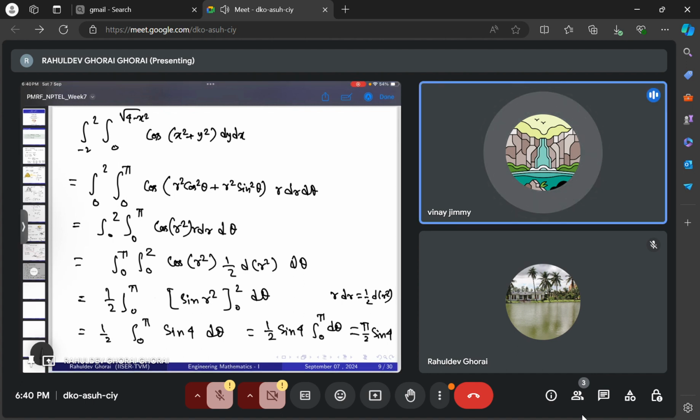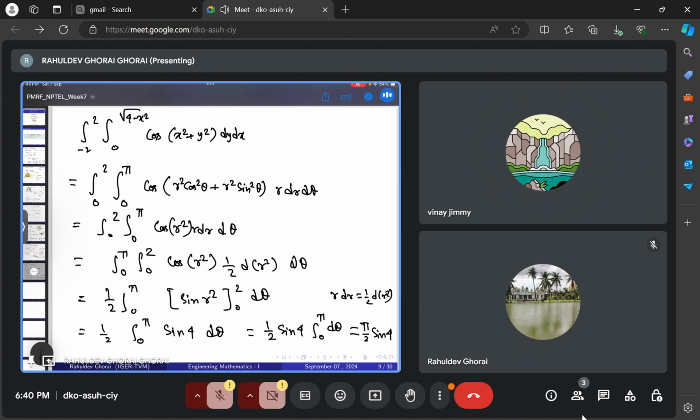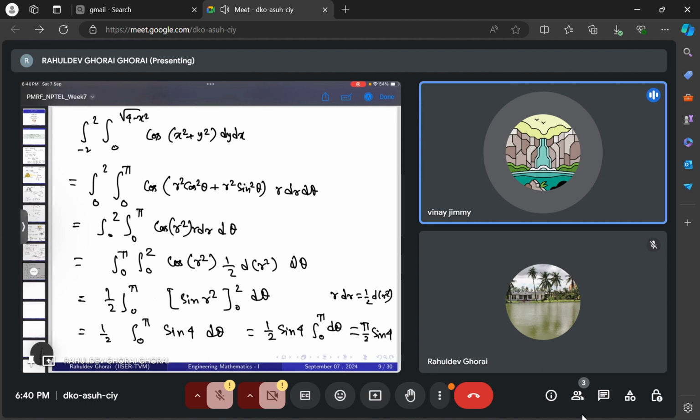I was trying to approximate without calculation, only by comparison test, so it's very tough. Comparison test by only approximation, only seeing the question, but the integral test is very tough.